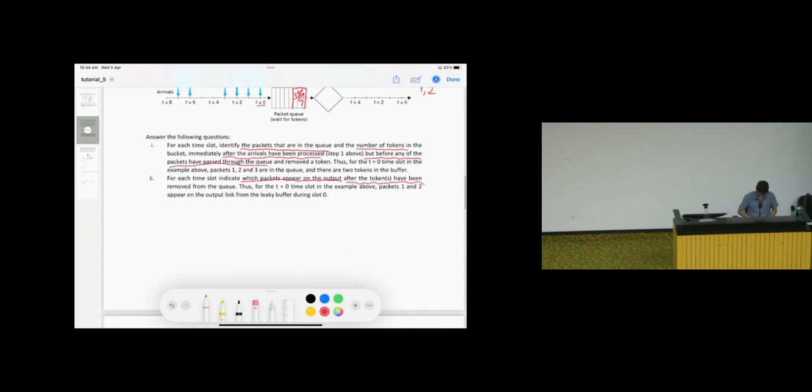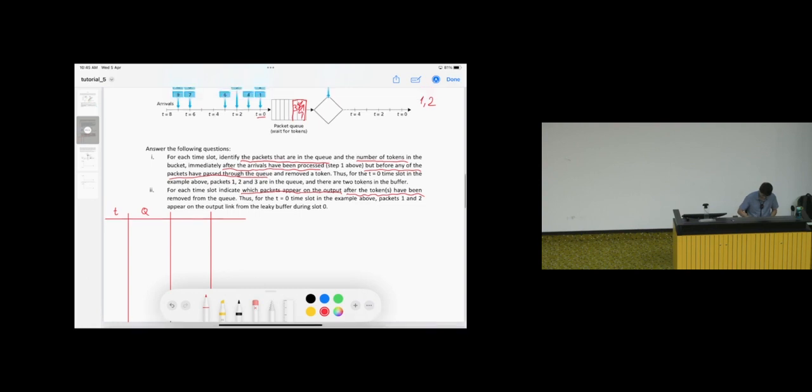So for that, let's make a table here to answer both questions at once. Okay. So here I'm going to put the time slot, T. So what were the questions? The packets that are in the queue. So this is going to be my queue, packets in the queue.